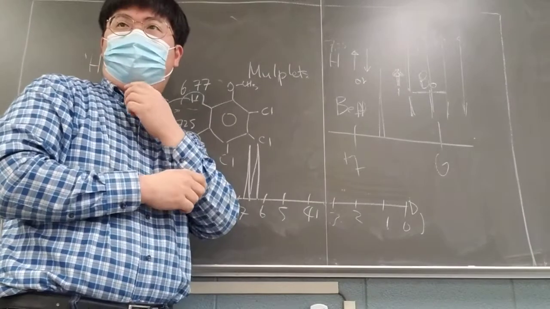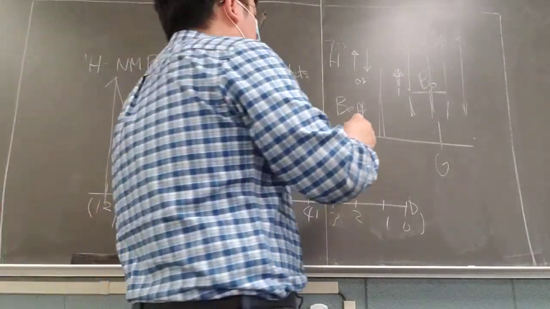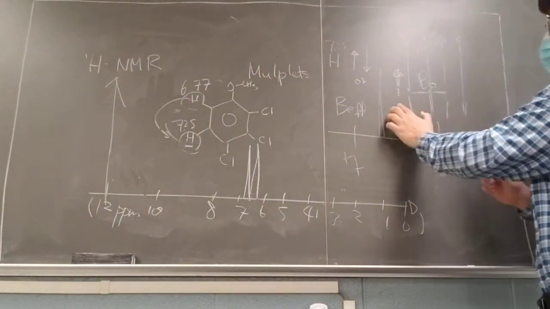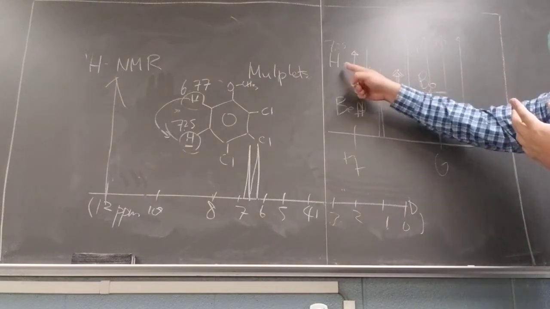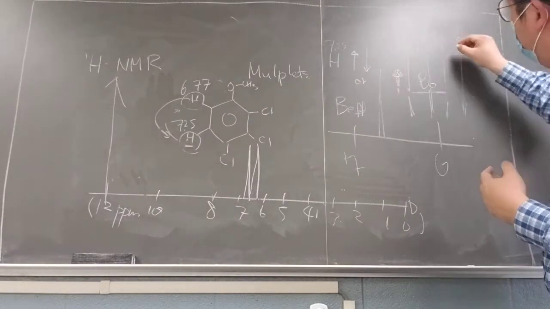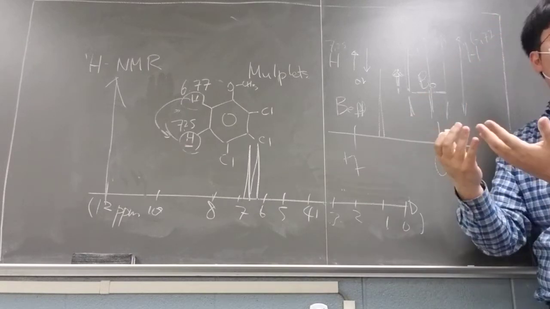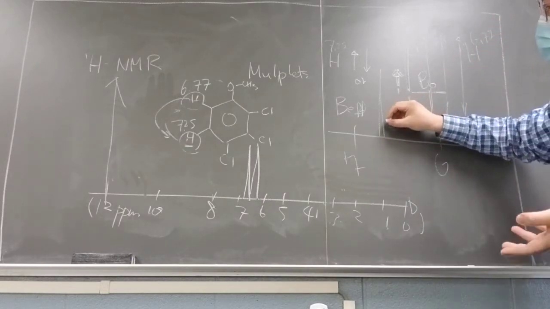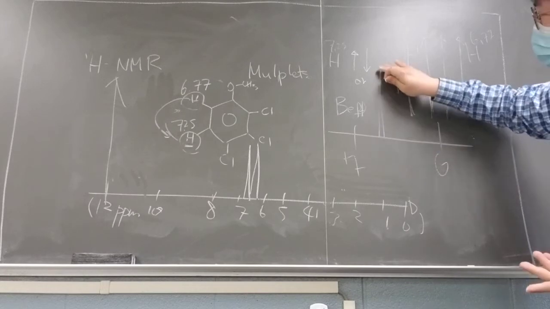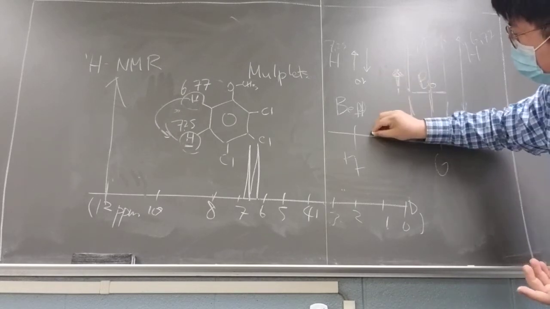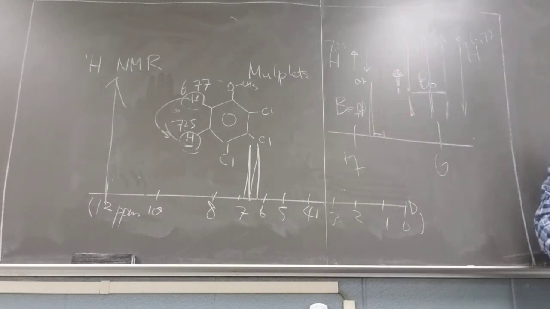Good? So if that is the case, this proton will experience the stronger magnetic field. So they need a high frequency to catch it, and they shift to the left.